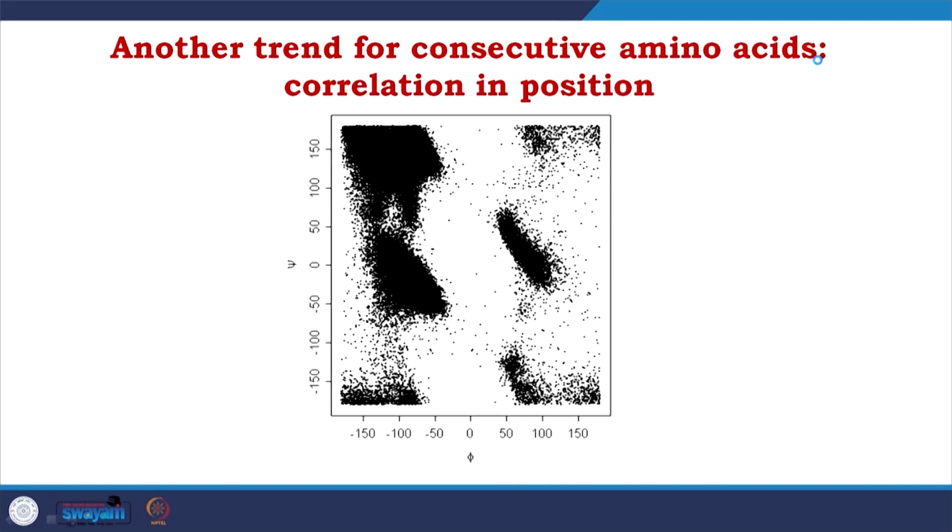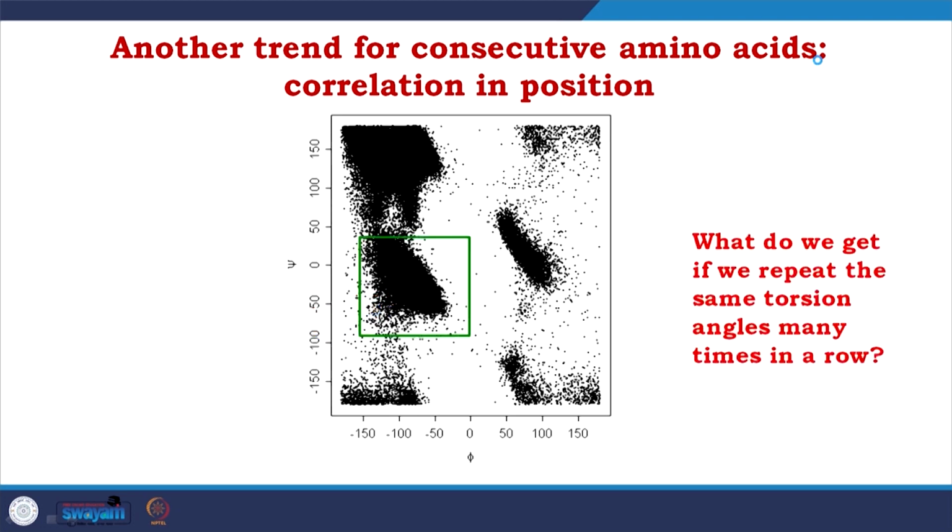Another very interesting trend in the Ramachandran plot: if this is the position of an amino acid, let us say N, the N plus 1th amino acid would be very close to that. So there is a correlation of their position. What do we get if we repeat the same torsion angle many times in a row?